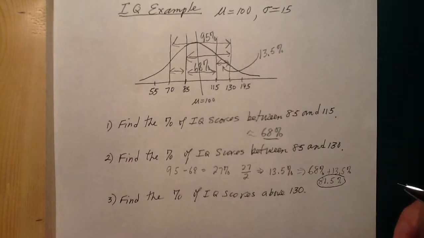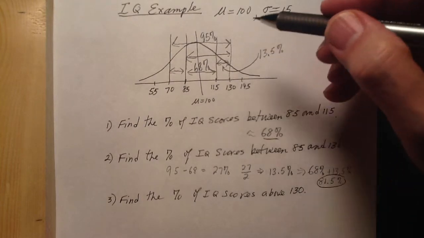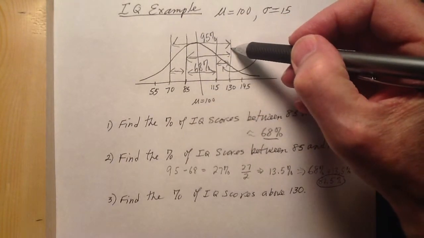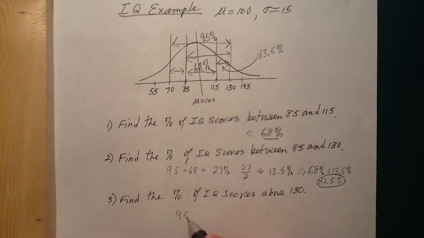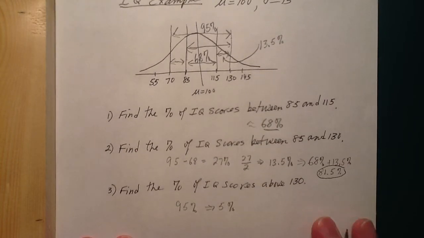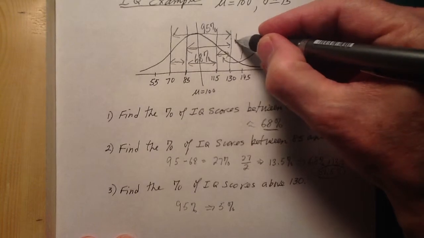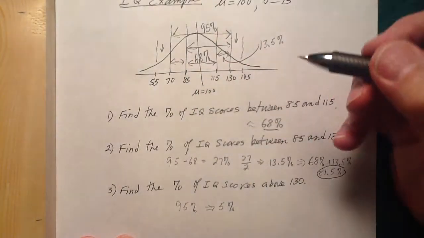So we have to go back to our diagram, and on the diagram we notice that 95% of the values are between here and here. That only leaves 5% of the values left over. And this 5% of the data values would have to fall in this interval and this interval.